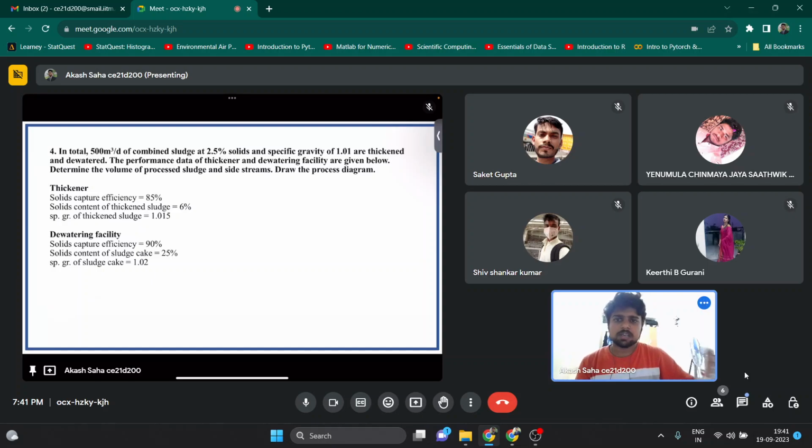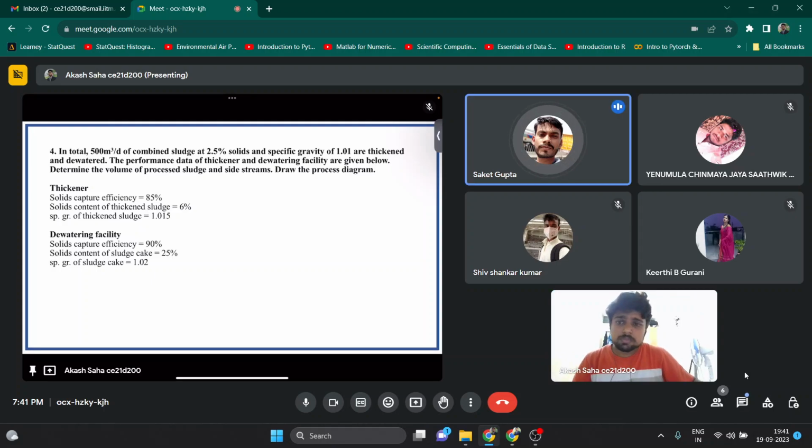Both the thickener and dewatering characteristics are given: the solids capture efficiency, the solid content of the thickened sludge, and the specific gravity of the sludge. The same for dewatering: solids capture efficiency, solid content of the sludge cake, and specific gravity of the sludge cake.